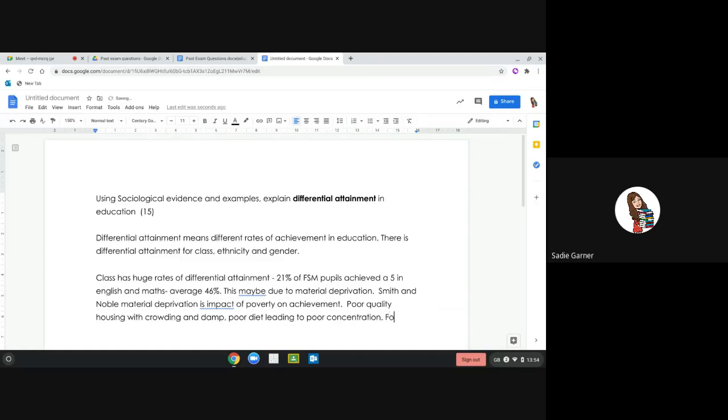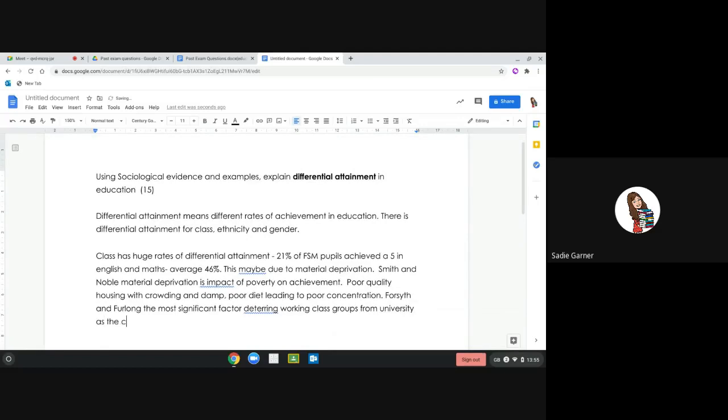And for Forsyth and Furlong, the most significant factor deterring working class groups from university was the cost. Smith and Noble, material deprivation. Forsyth and Furlong, the most significant factor deterring working class groups from university was the cost.